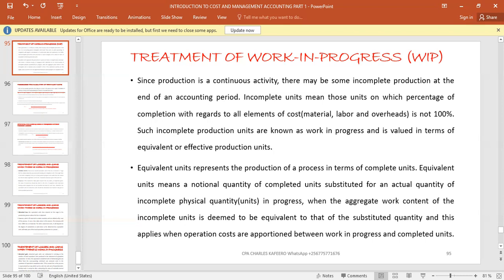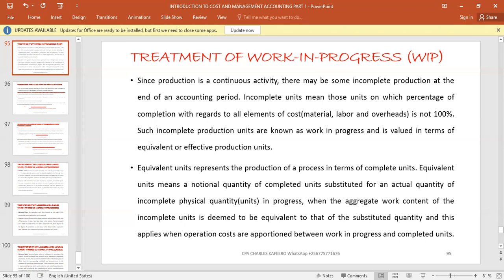What happens is that some of the units that we've put in as the inputs, you may find that not all of them have gone through to the final process or to the final stage where we get the finished items. We may find that some of the inputs are still in the system or in different stages of completion.